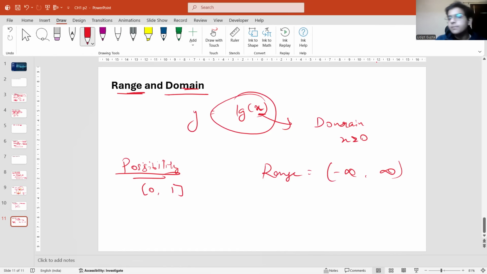There are things in between, but no probability can be less than 0 or greater than 1. If it is, then your model is wrong, your calculations are wrong. Please check them again. But that's the range of the output. Input can be n number of things, can be anything. That's the domain.